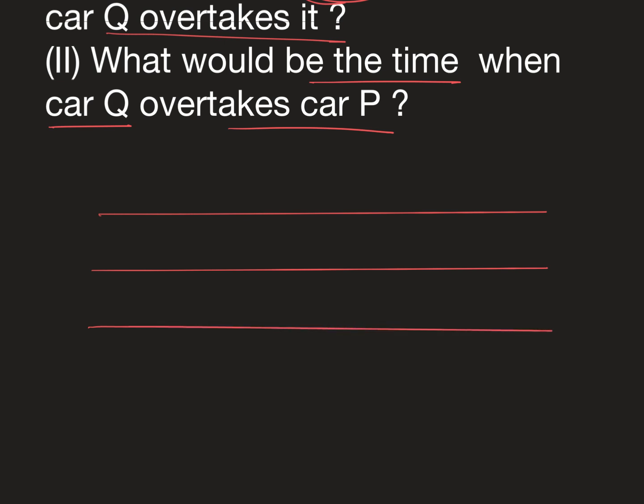So let's say this is the point that the question is talking about, where both car P and car Q pass through at different times.